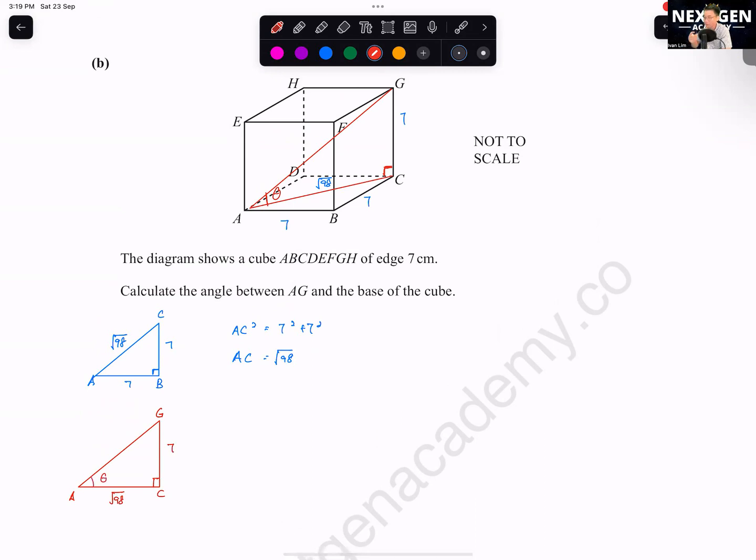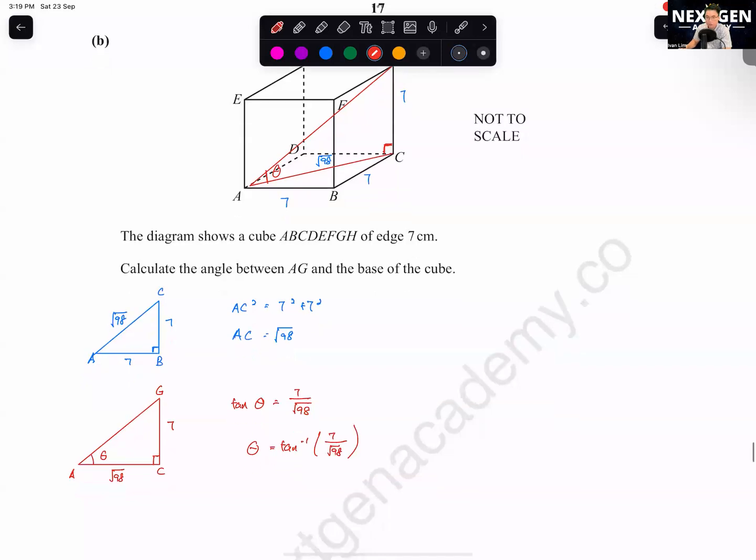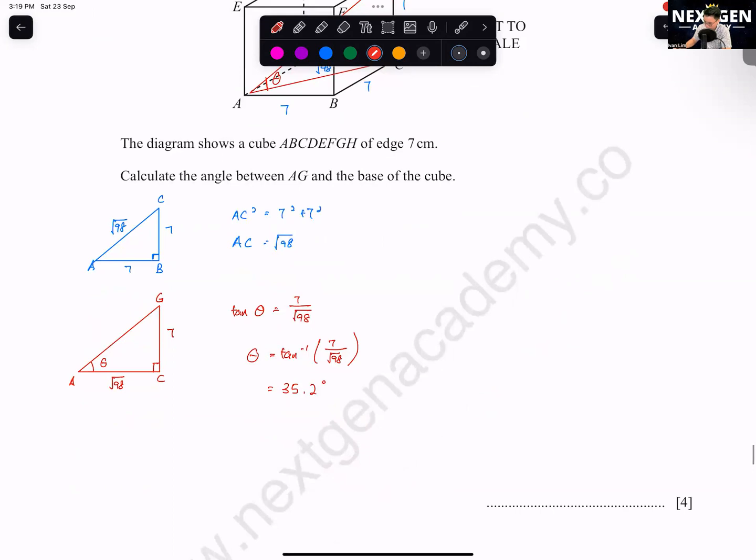Okay, so this is the angle that I want. So tangent theta equals 7 over square root 98. Theta is inverse tangent 7 over square root 98, which you'll get 35.2 degrees, 35.26.